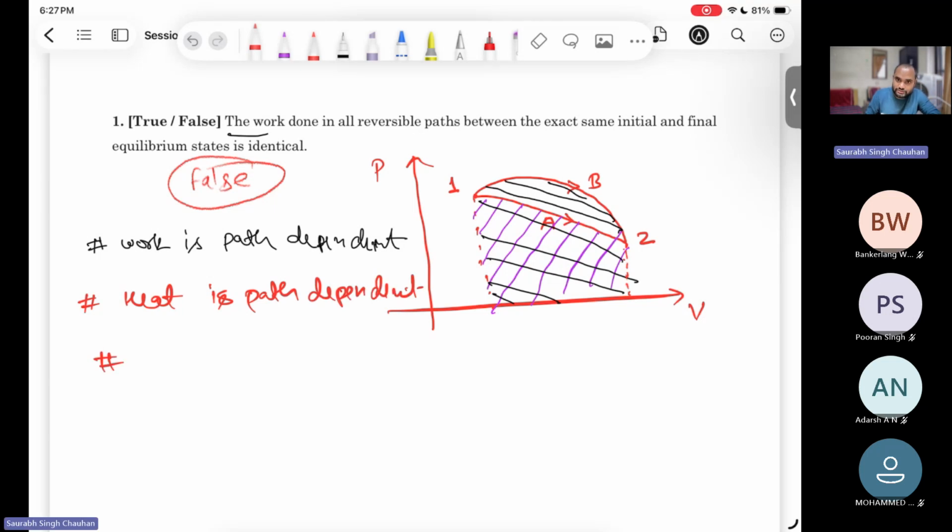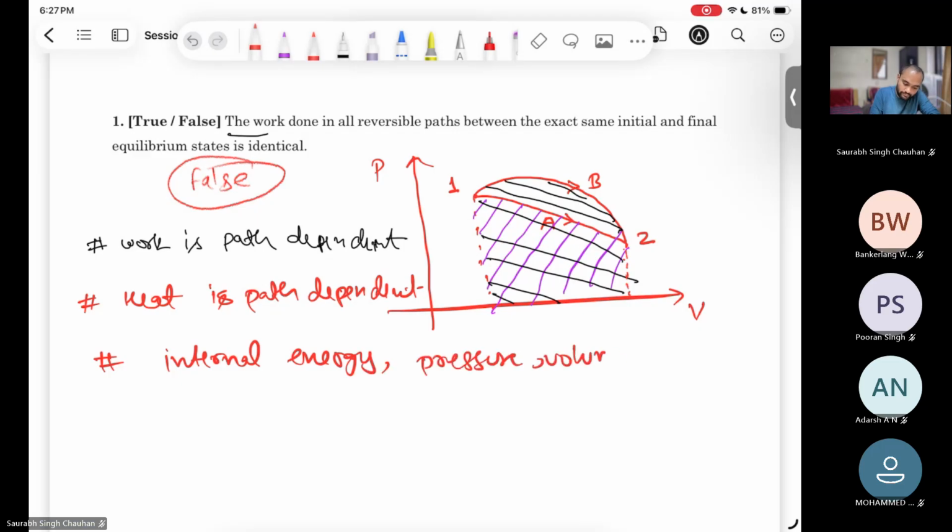And few quantities which define the state, those quantities are path independent. Those quantities we call properties, right? For example, internal energy, pressure, volume, temperature, entropy.